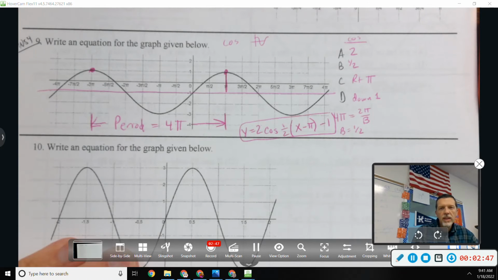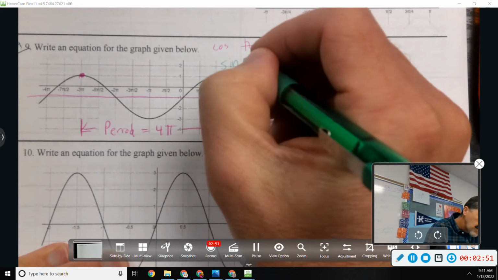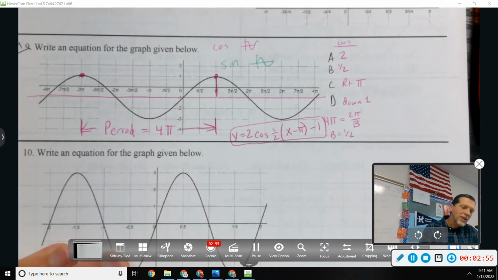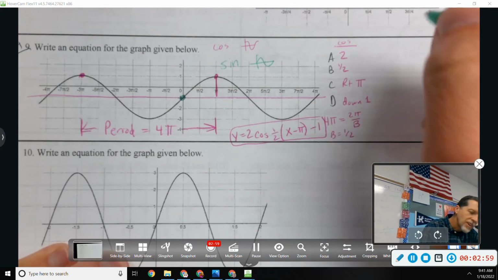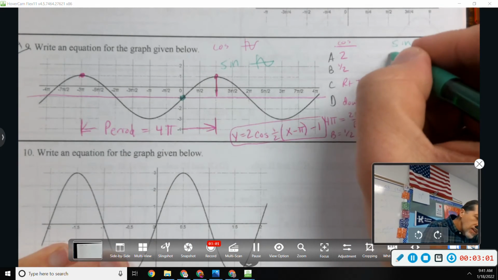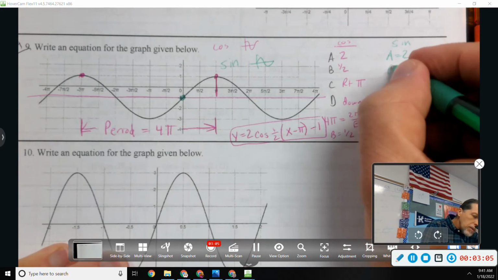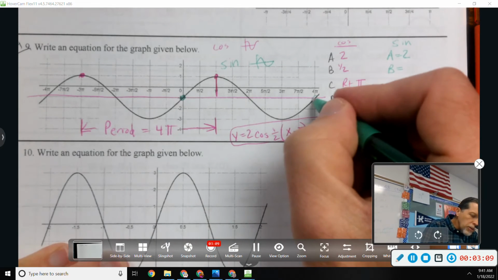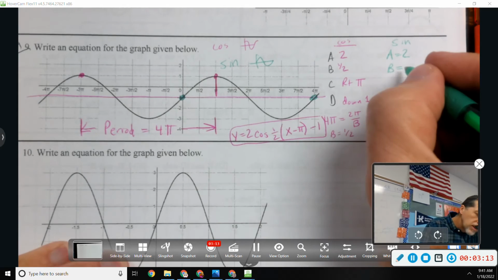Now, if I'm thinking it's a sine wave, which maybe I should have thought, because that matches a little better. If I start a sine wave right there, that would be the start of a sine wave. A would still be 2. B, well, the period is still 4 pi, although you're starting over right here, but that period is 4 pi, so B is 1/2.